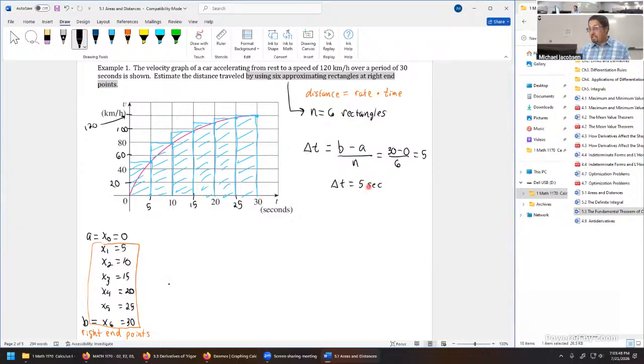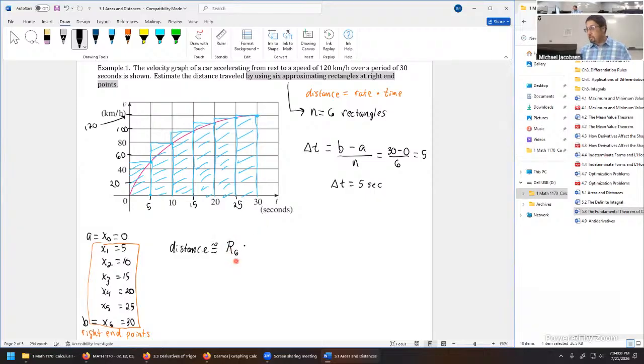So now, putting this all together, we can say distance is going to be approximately equal to, we're using 6 approximate rectangles at right endpoints, and we'll shorthand that to R6. R here means right endpoints, and 6 is the number of approximate rectangles.